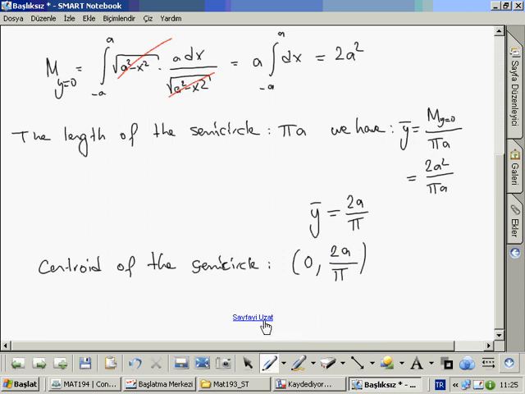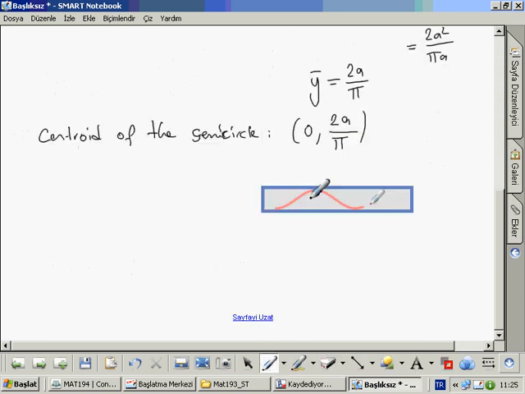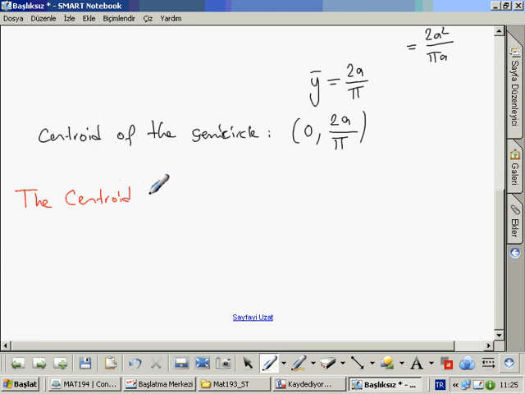And the last part: the centroid of a triangle.